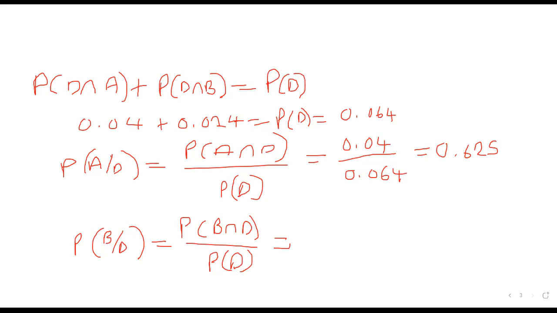So 0.024 divided by 0.064. What are you going to get? 0.375.